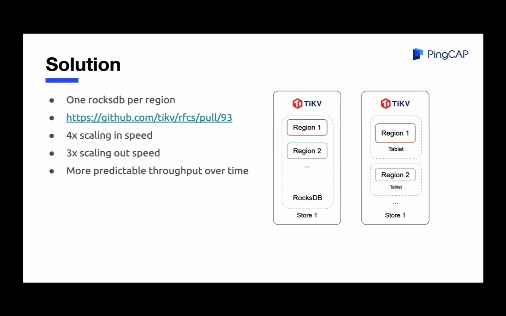Sure. So in this slide, each region is a RocksDB, right? So in this case, are you going to increase the resources per node? Since now you are running many RocksDB instances. You mean like memory?